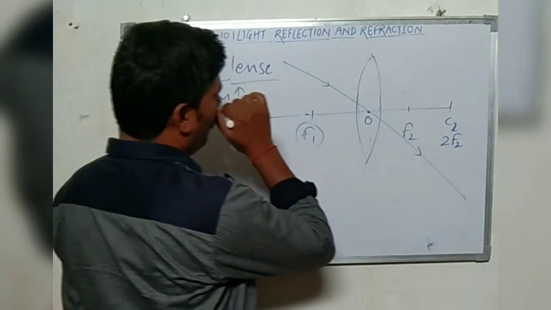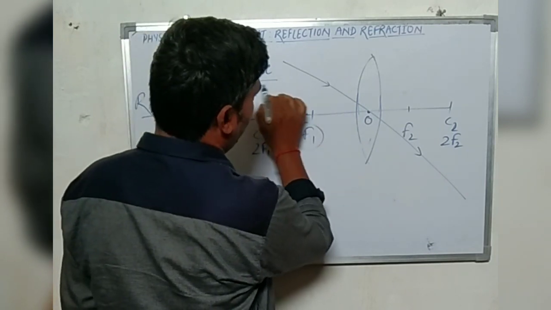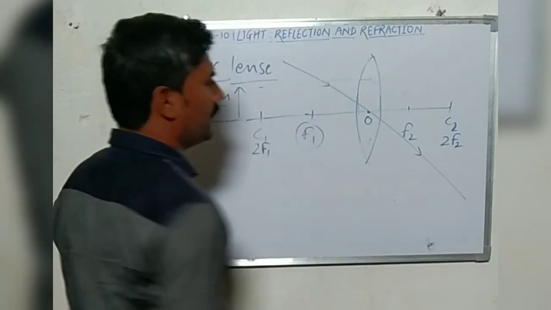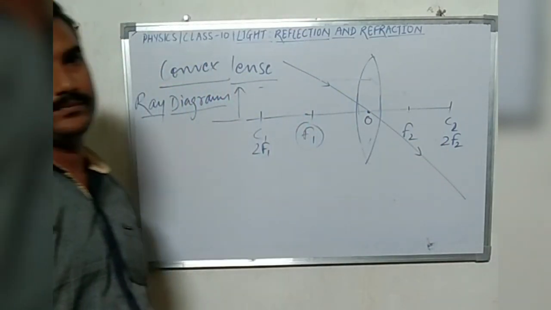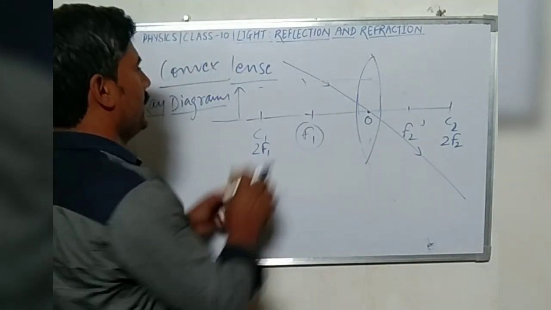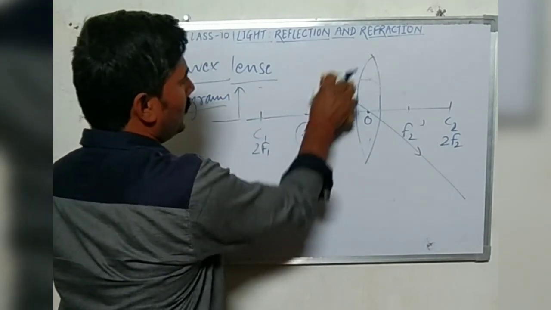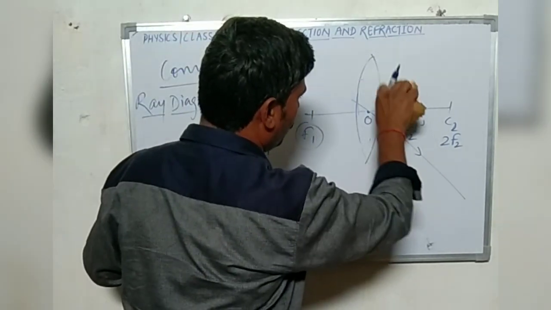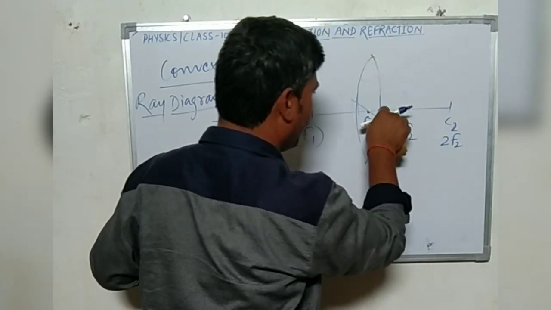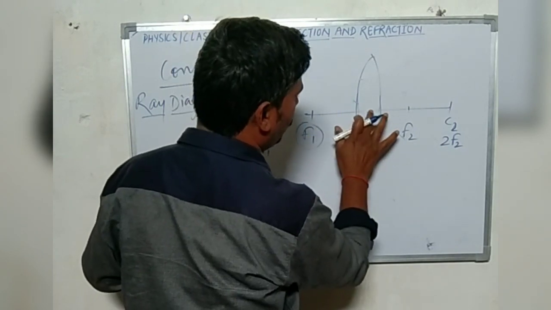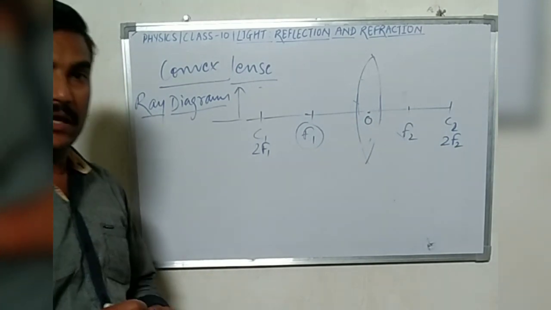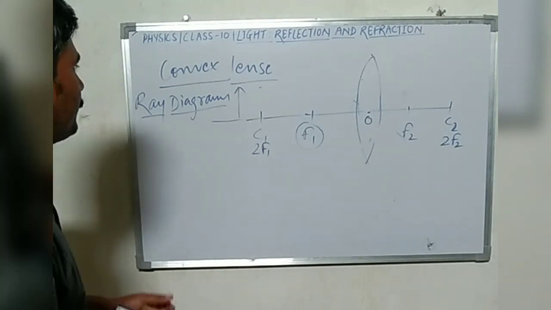Another rule is that any ray of light which is parallel to the principal axis always gets converged to the focus. Now we will place the object at different positions and find out the position of the image.